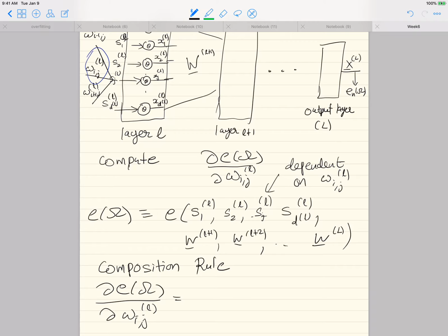Any suggestions? So there is only one quantity here which depends on Wij of L. All the others are constant. So if I want to compute the derivative with respect to this node, this particular value, then I can compute the derivative with respect to Sj of L and the derivative of Sj of L with respect to Wij. And do that pass, right?